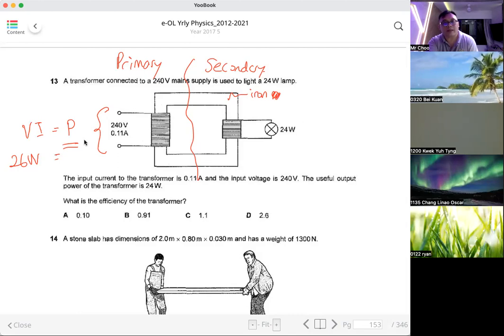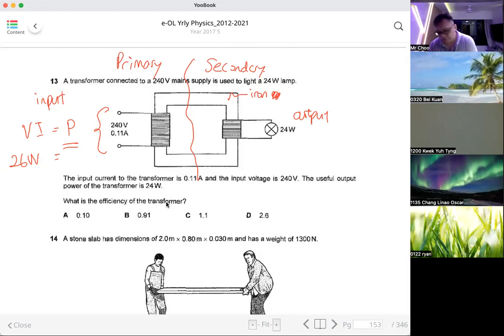Okay, and then you can see that the input is about 26 watt. The output is about 24 watt. So this is the output. This is the input. So if the input is 26 watt, there's some loss of power. So how efficient is this transformer? Can everybody calculate now?